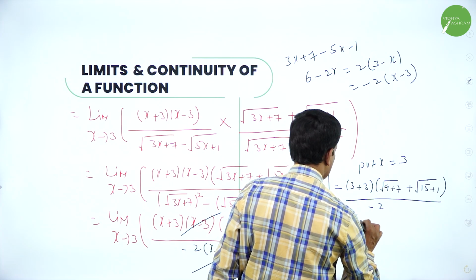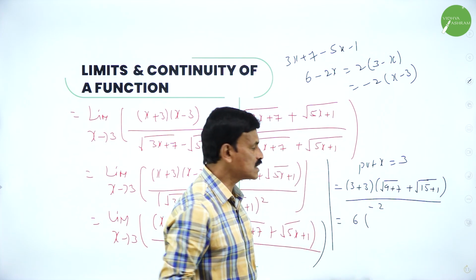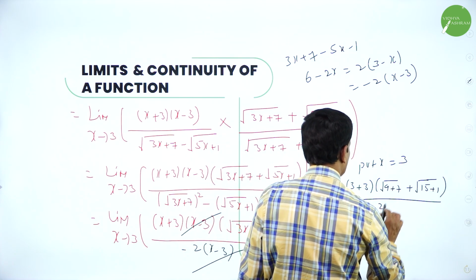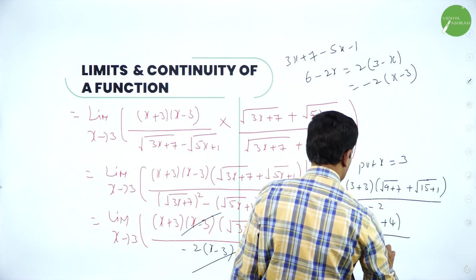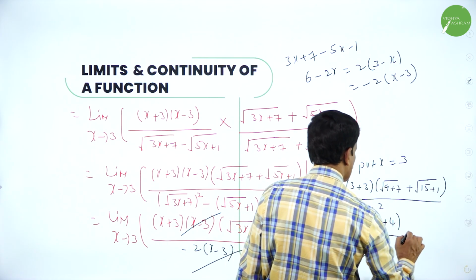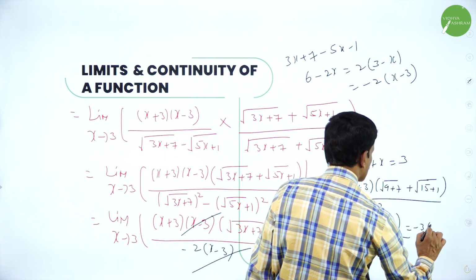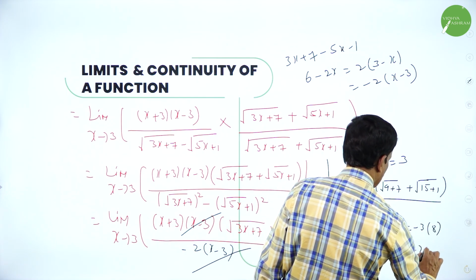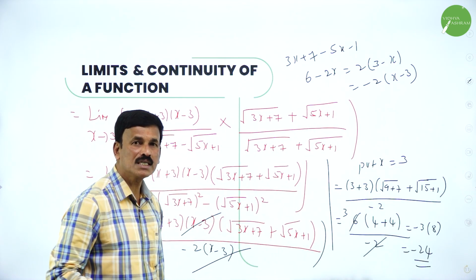So this is 6 into 9 plus 7 is 16, square root of 16 is 4, again square root of 16 is 4, divided by minus 2, 2 3s gets cancelled, this is minus of 3 into 4 plus 4 is 8, minus 24, 8 3s are 24. So the simplified answer is minus 24.